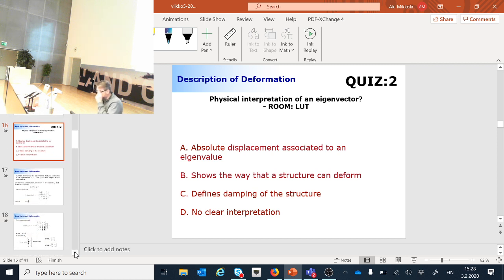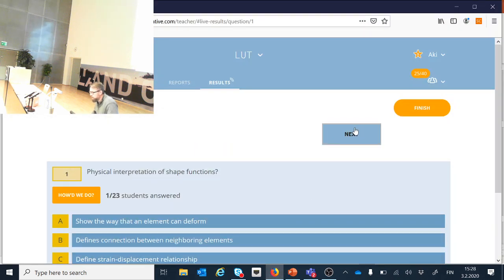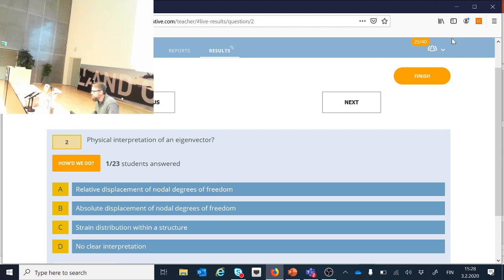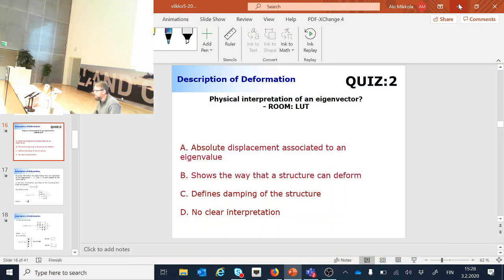First question is up here. Oh yeah, you're right about that. So let me move on. The next one. Physical interpretation of an eigenvector.